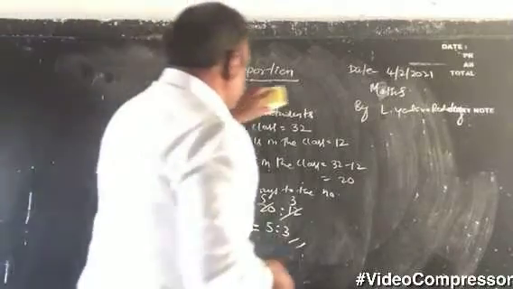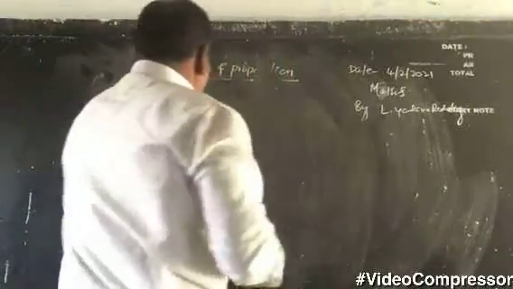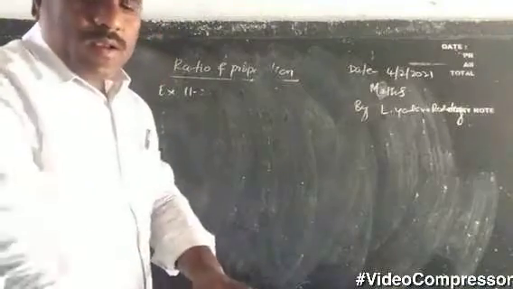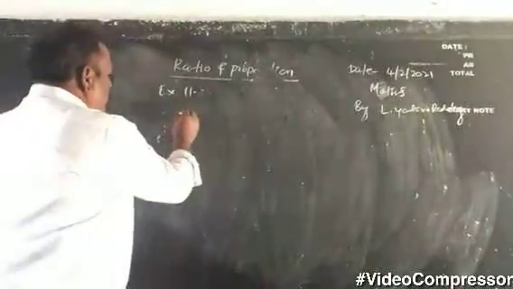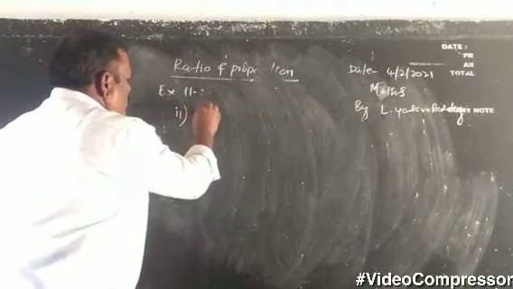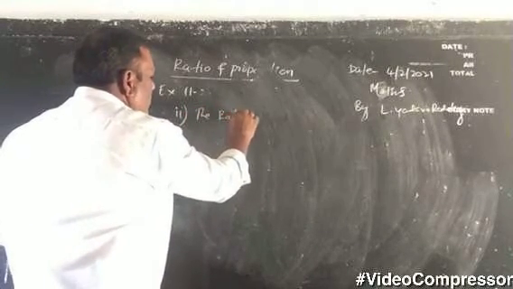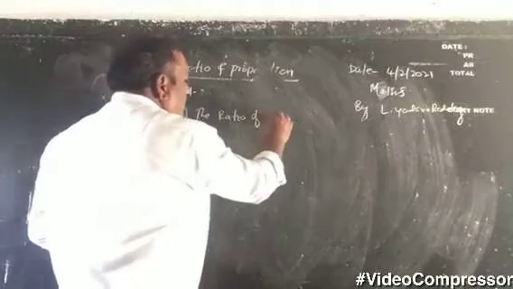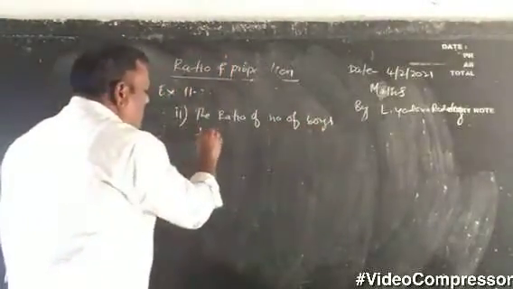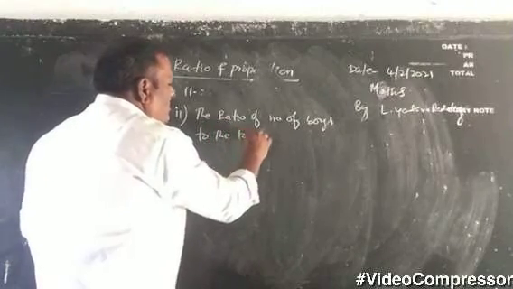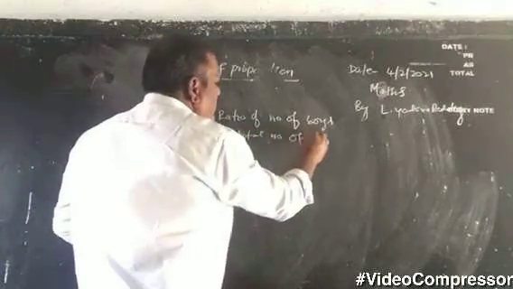Now second one, children. Observe here. The ratio of number of boys to the total number of students. Second one. The ratio of number of boys to the total number of students.